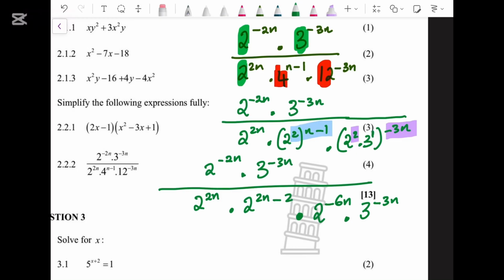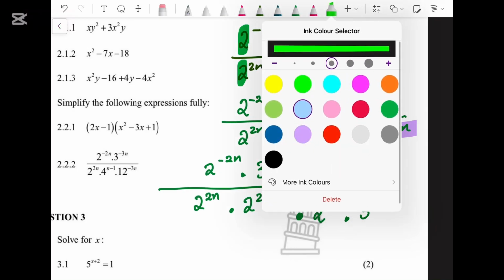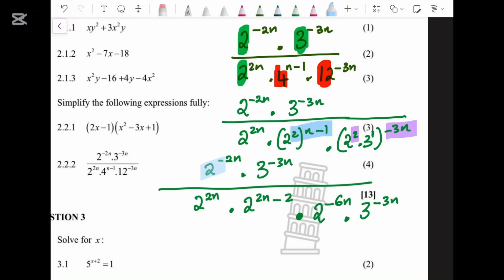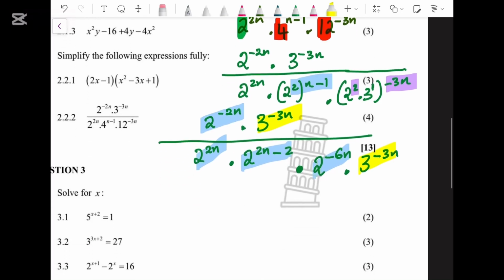And then from here, we can see that we have 2 different sets of bases. There is a base of 2. We also have a base of 3. So we follow the laws of exponents. So we are going to have 2.